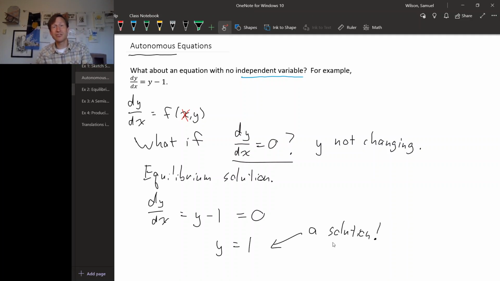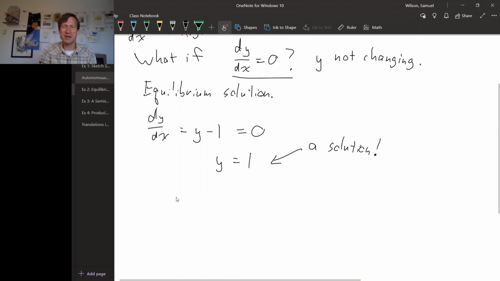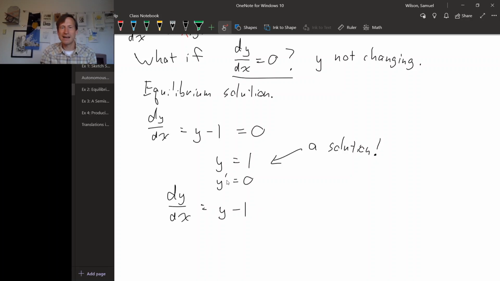We can check the solution just by plugging it back into the original differential equation, which was dy dx equals y minus 1. Well, the derivative of y is 0. And if we plug y and its derivative into this equation, we get 0. Is this equal to y, which is 1, minus 1? Yeah, that checks out.